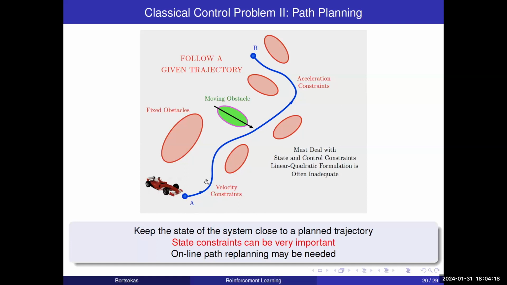And there may be all kinds of constraints: velocity constraints, acceleration constraints, obstacles like walls or buildings, and also moving obstacles like other cars. State constraints here are very important. You don't want to crash your car on a wall or on another vehicle. And because some of these constraints are unpredictable, you may have to do online path replanning.